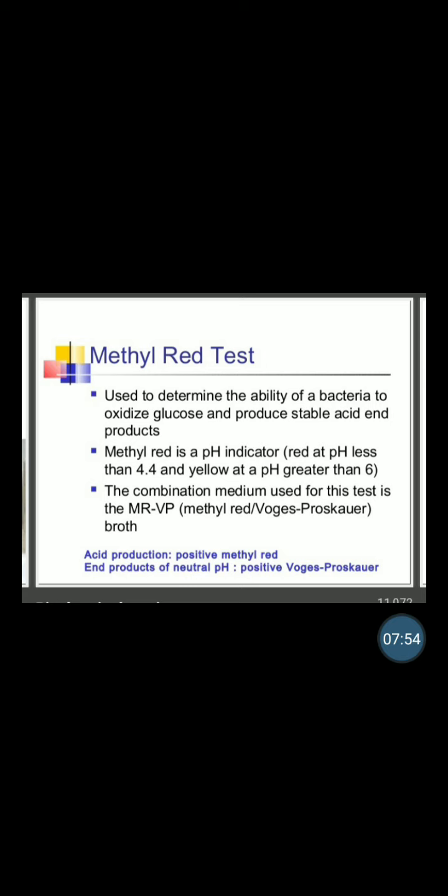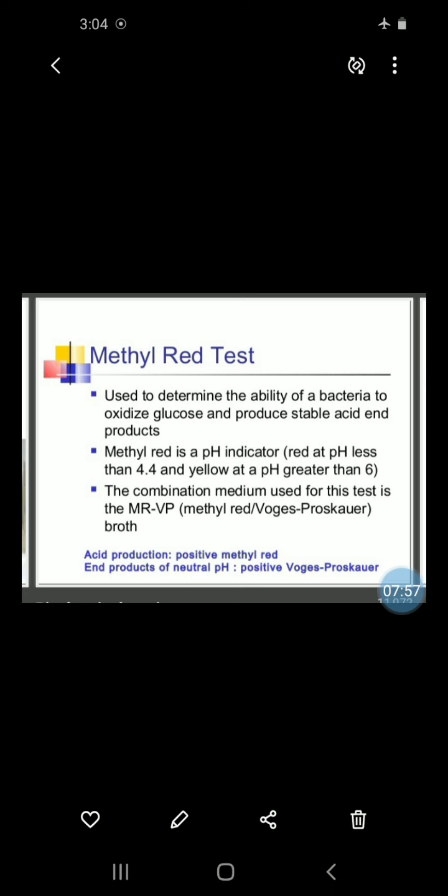Methyl red is a pH indicator, that is, it is red at pH less than 4.4 and it is yellow at pH greater than 6.